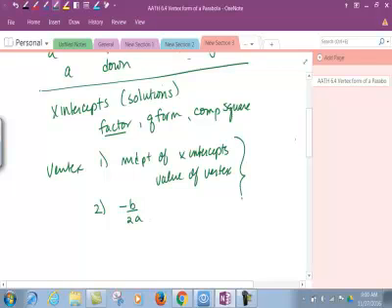With both of these, though, remember the vertex is an ordered pair, so we can't just stop with the x value. We have to find the y value by plugging in. There's no easy way to do it. You plug the x into the original equation, and what you get is your y value.